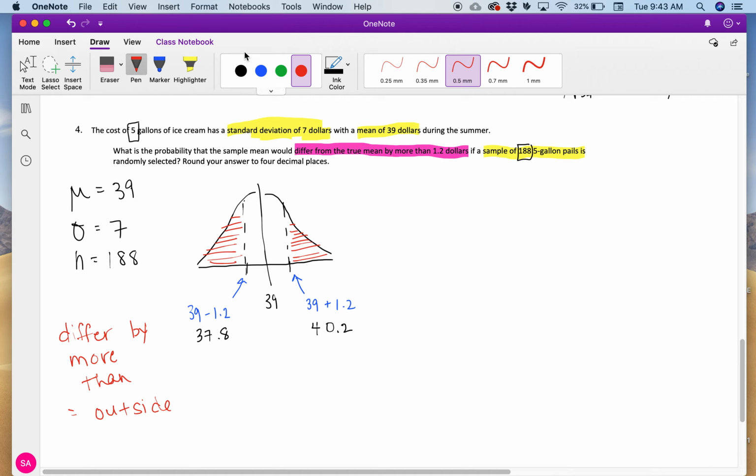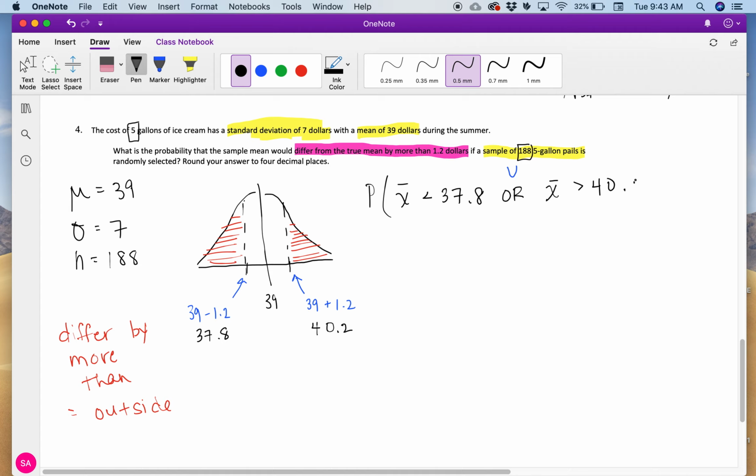Okay, let's write this into a probability statement. We want to know the probability that the sample mean is, there's 2 cases, less than 37.8 or, if you want to get super mathematical, you can use that union symbol, or our sample mean is greater than 40.2.